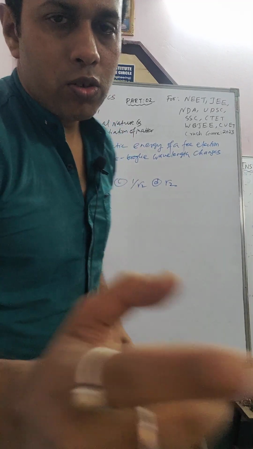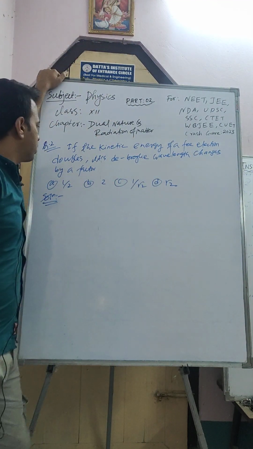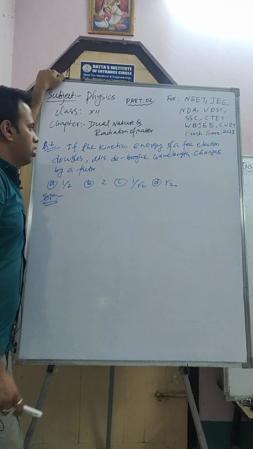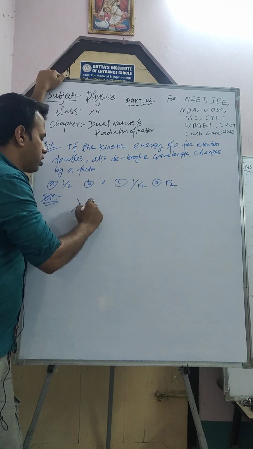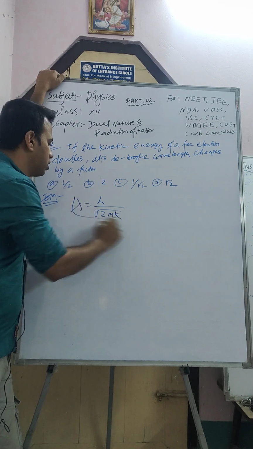Okay, so our next question is, if the kinetic energy of a free electron is doubled, then its de Broglie wavelength changes by what factor? So what is given? Kinetic energy is doubled. So we know that the relation between de Broglie wavelength and kinetic energy is lambda equal to h by root over 2mK. This is the relation.